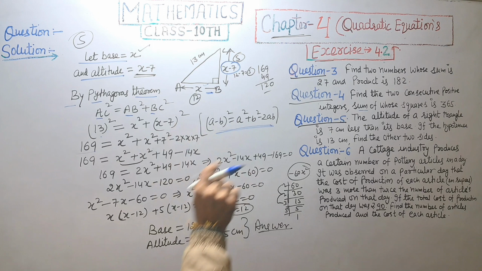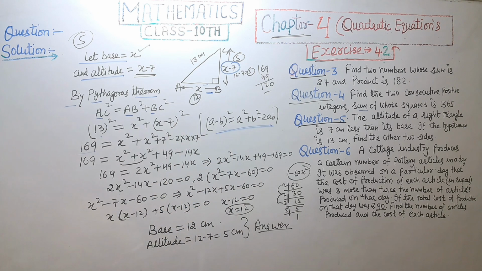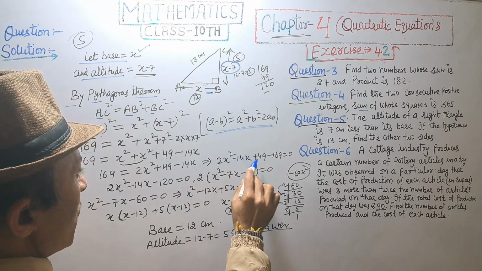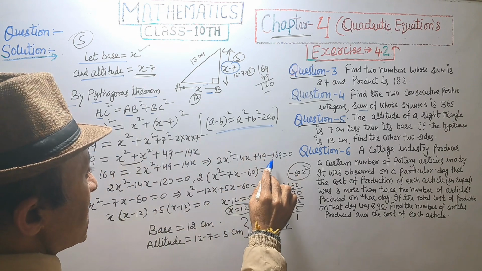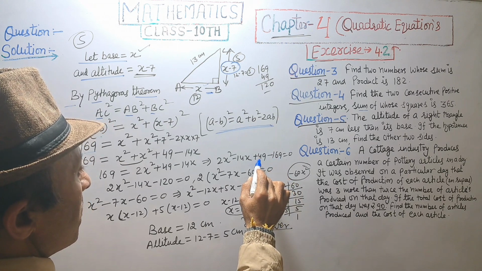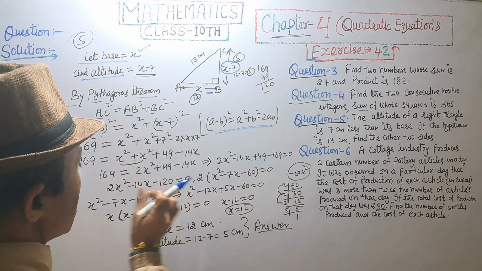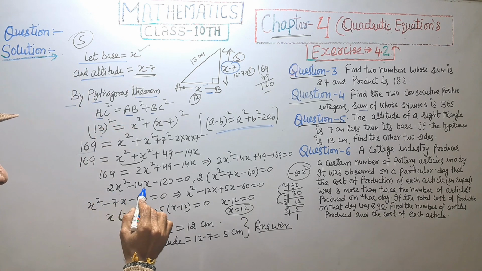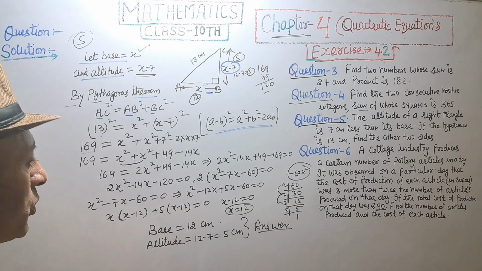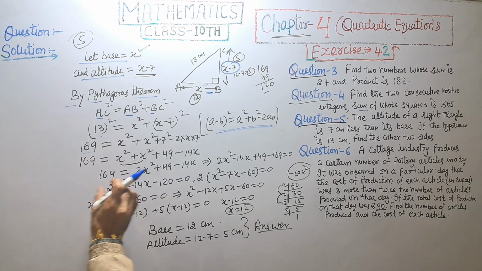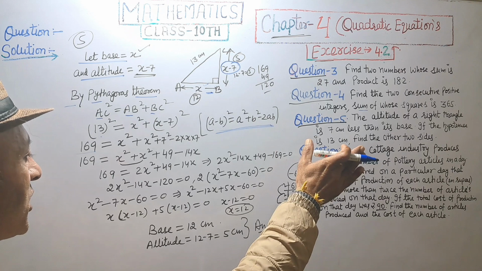We are shifting 169 to the right side, and 2x square minus 14x plus 49 minus 169 equal to 0. 169 minus 49 is equal to minus 120, so 2x square minus 14x minus 120 equal to 0. 2 is taken common in this equation: x square minus 7x minus 60 equal to 0.